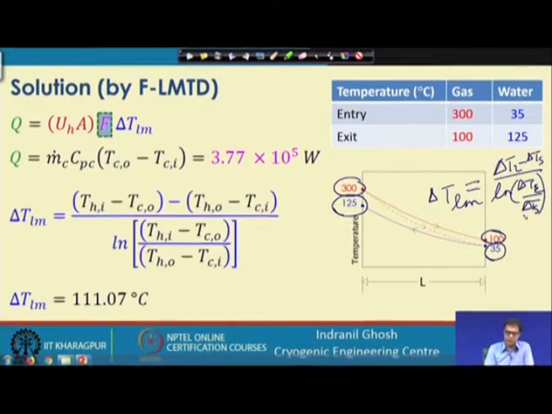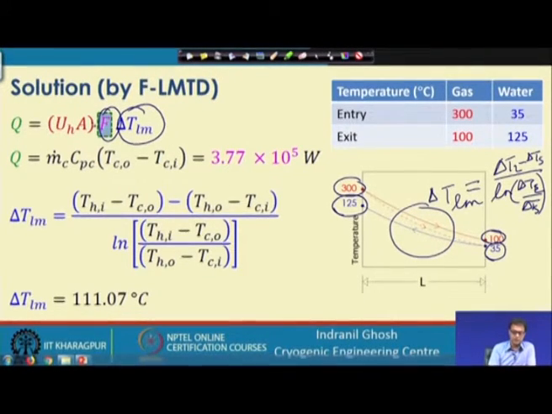This we have already learned, and here in this case actually we know all this temperature, exit temperature, but this is in a counter current configuration. Our heat exchanger configuration is basically a cross flow exchanger. So, we cannot directly use delta T log mean, we have to multiply this one with a correction factor F.